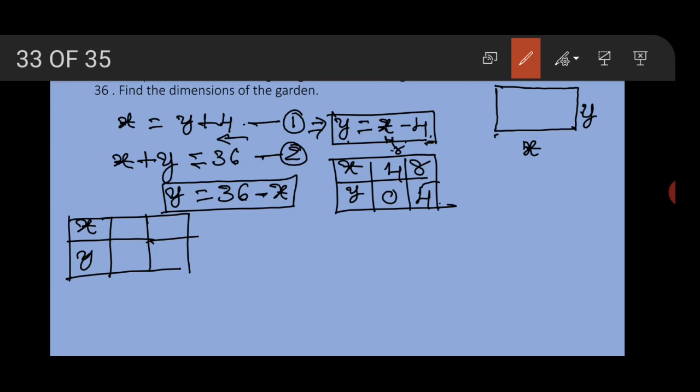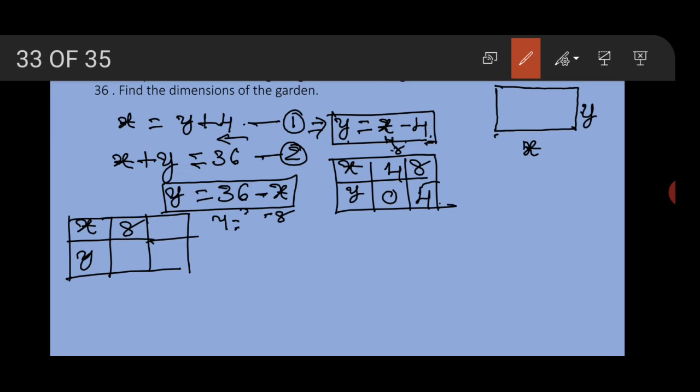Similarly, in this equation, y is equal to 36 minus x. Put the value of x as 8. What happens? Then y is equal to 36 minus 8. Subtract 8 from 36.